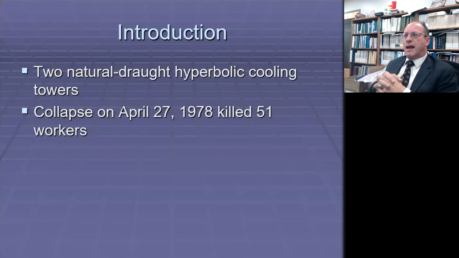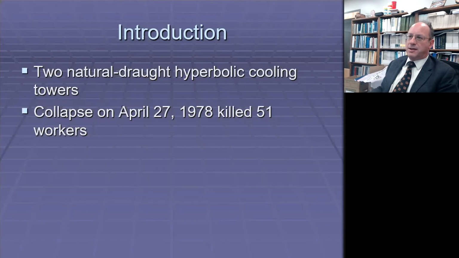This particular case was a couple of natural draft hyperbolic cooling towers. And I've been told that the workers were really locals, mostly farmers from the area, and they were paid by the day depending on how long the day went. And so they had an incentive to rush the work.